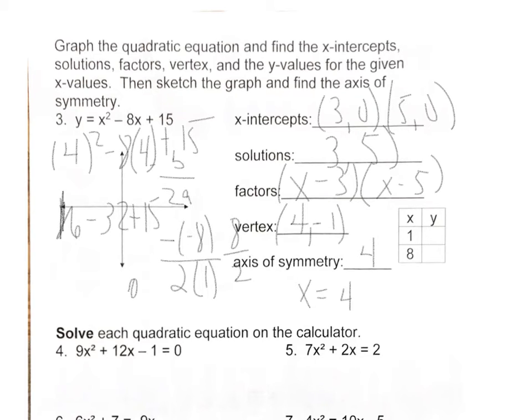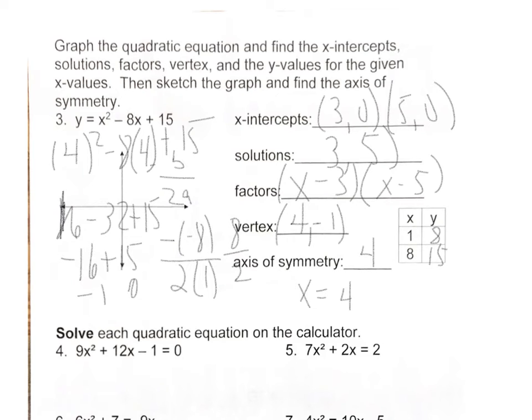So 16 minus 32 is negative 16 plus 15 is -1. Alright, so then we would do second calc 1, 8, is 15. So there's all of your answers there.